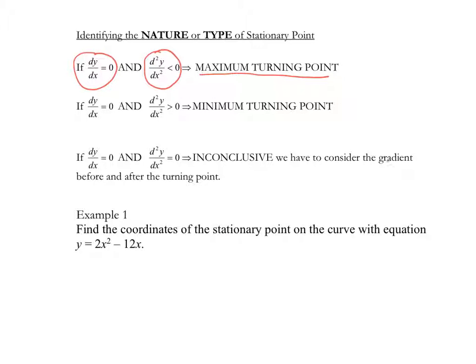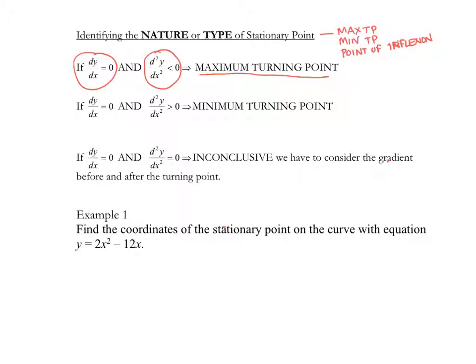So a stationary point can either be a maximum turning point, a minimum turning point, or a point of inflection. And we can use the second derivative to actually identify the nature or the type of these stationary points.